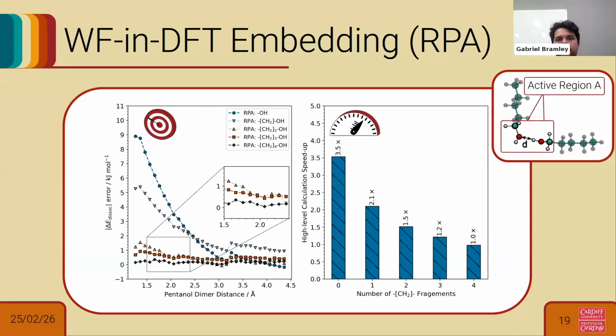And given that it scales as N to the 4, with two of the N terms being the virtual and the other one being the occupied, you end up with a more favorable scaling the smaller you make your active region. So we get this speed up for free with RPA, which is very nice.